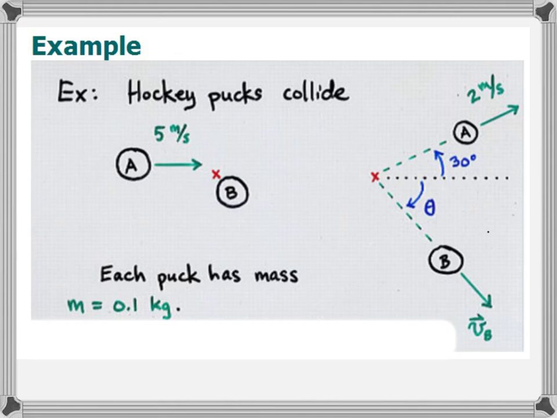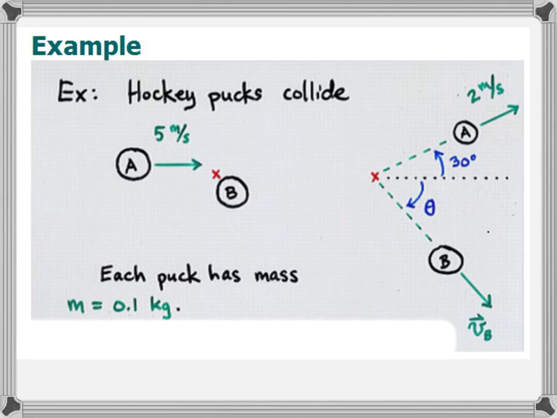So for my example, I have two hockey pucks, hockey puck A, which is traveling toward the right at 5 meters per second, and it collides with an identical puck B, which is stationary initially. What happens after the collision is that the original puck, puck A, travels up and toward the right at a speed of 2 meters per second, at an angle of 30 degrees relative to its original direction.